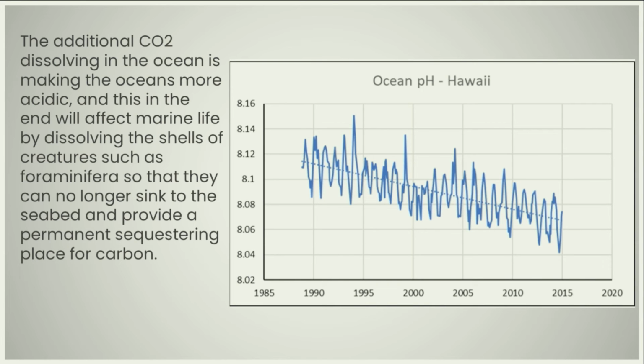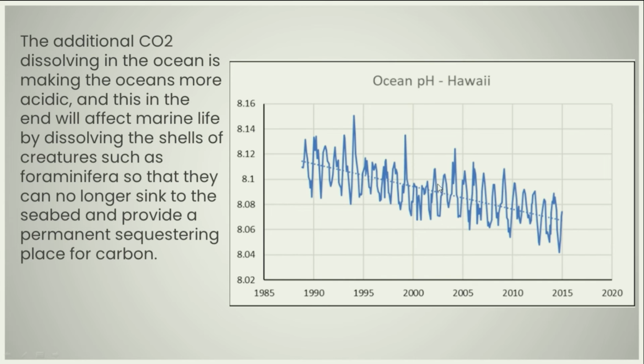Now, the measurement of acidity is a function called pH, and the ocean pH has been going down, which means the acidity of the ocean has been going up, and this is measured in Hawaii.